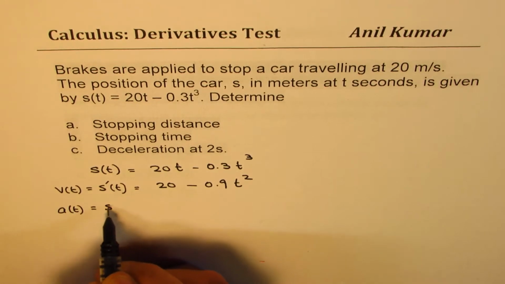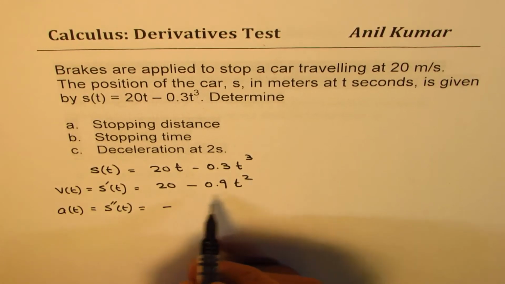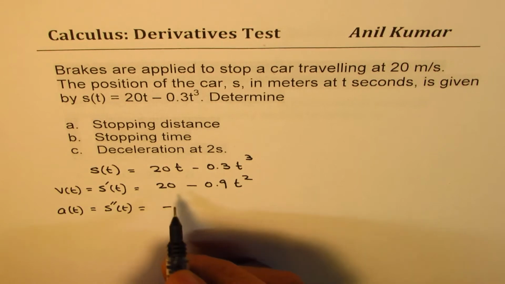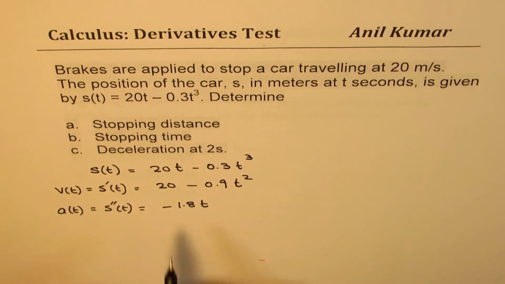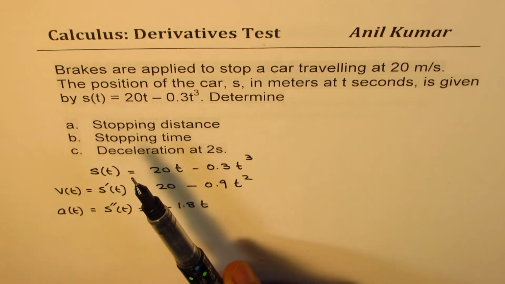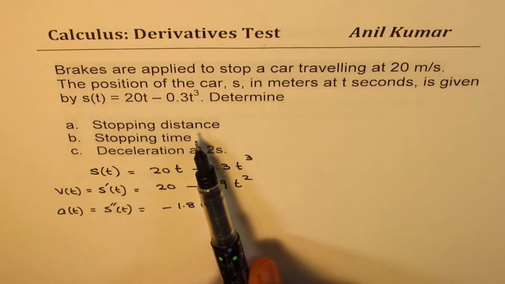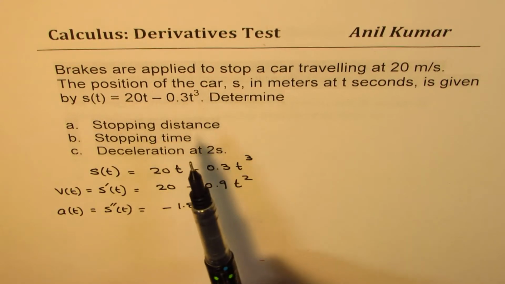So acceleration is the derivative of velocity, which is minus 2 times 0.9, which is 1.8 t. So these are the equations with which we can work and answer all the questions. So the first one here is we need to find stopping distance. Now when will this object or the car stop?